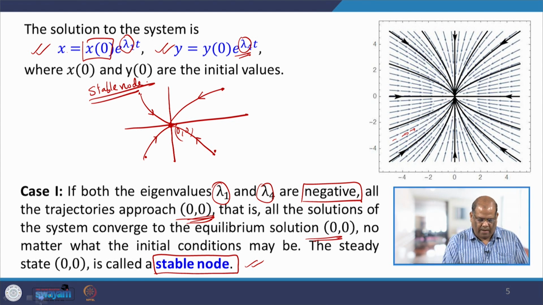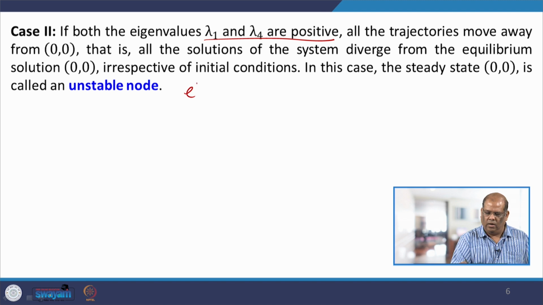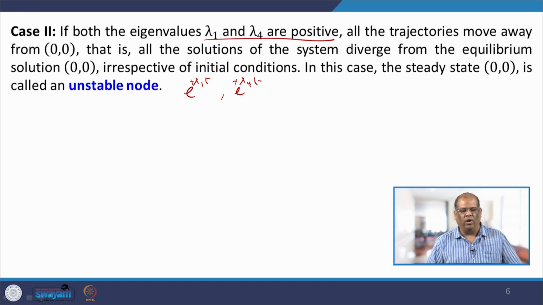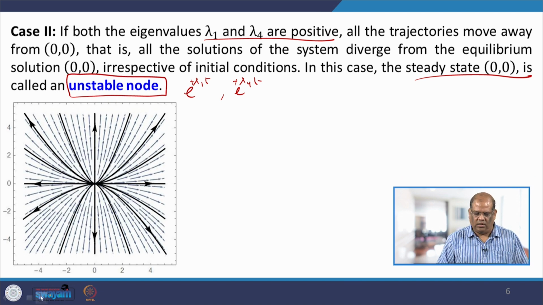Now, let us see what happens if both of them are positive. Obviously, then you have e to the power lambda 1 t and e to the power lambda 4 t. If both of them are positive, the solution will diverge from the equilibrium point (0, 0), irrespective of the initial condition, and then your steady state is called an unstable node. This is the figure of the unstable node.